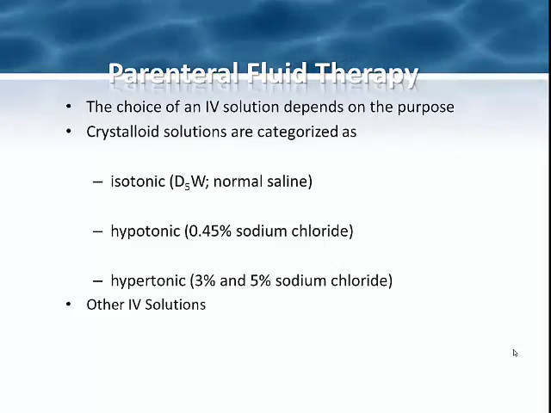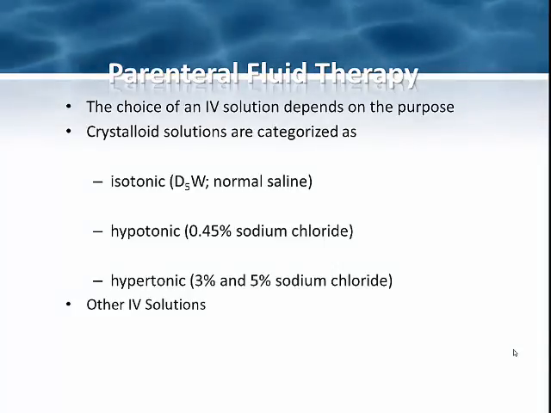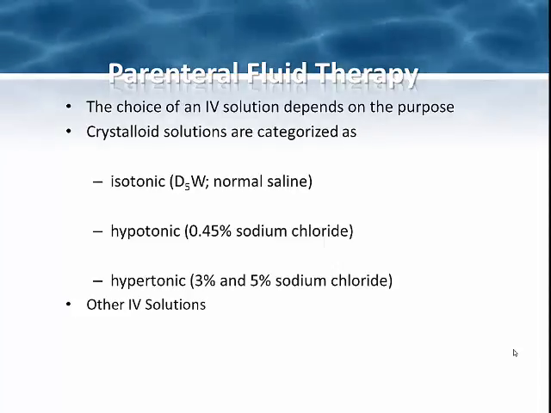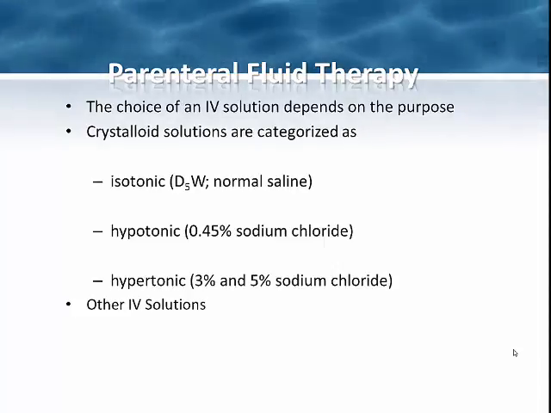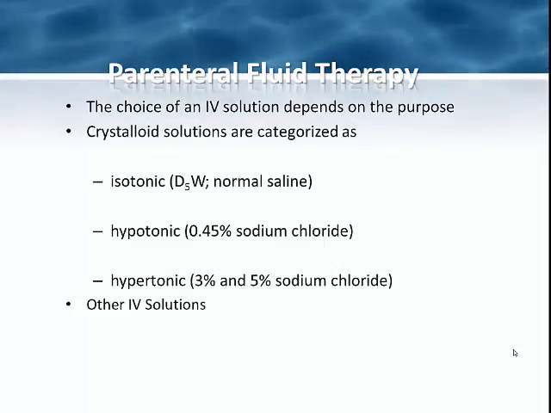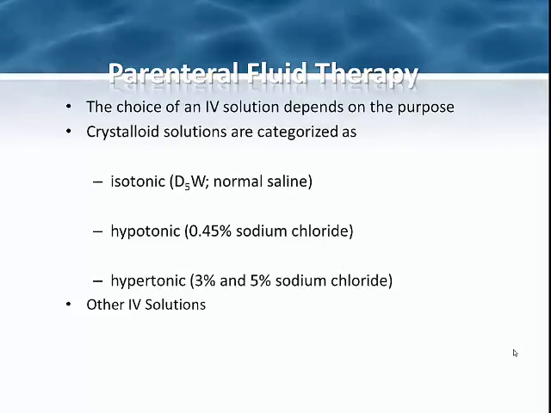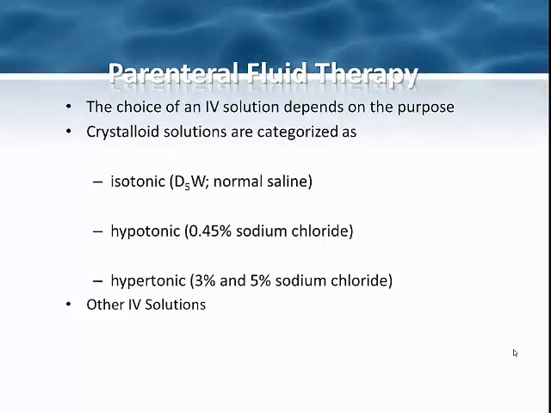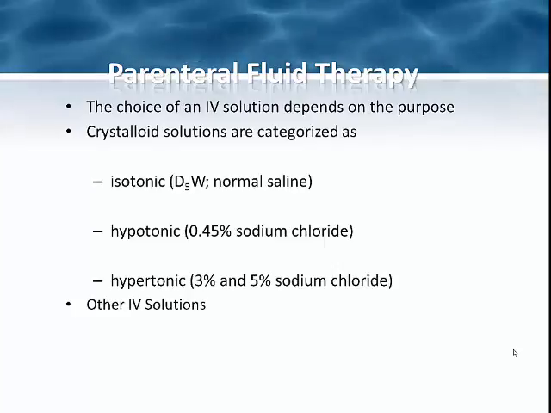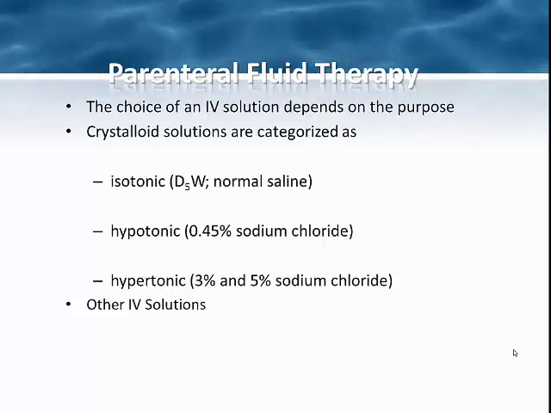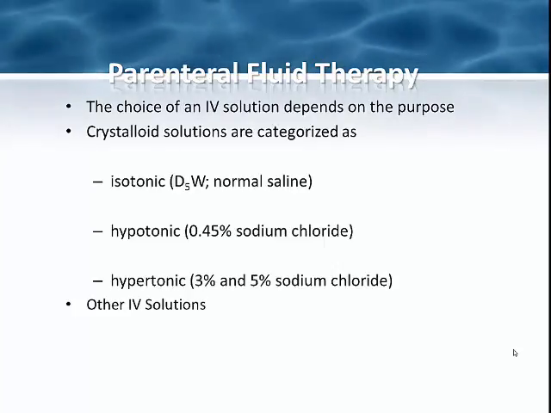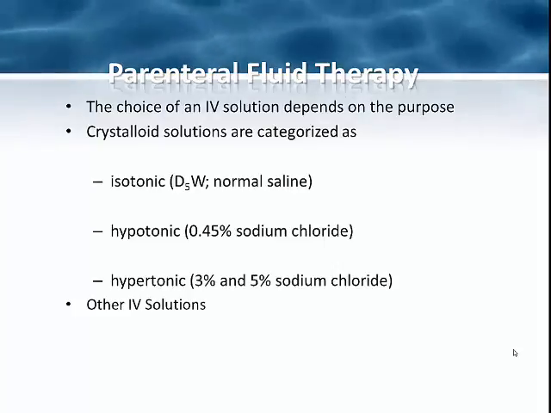Isotonic solutions are those where the total osmolality is close to the extracellular fluid. RBCs will not shrink or swell when you give an isotonic fluid, and they expand extracellular fluid, but 1 liter only expands the plasma by 0.25 liters.